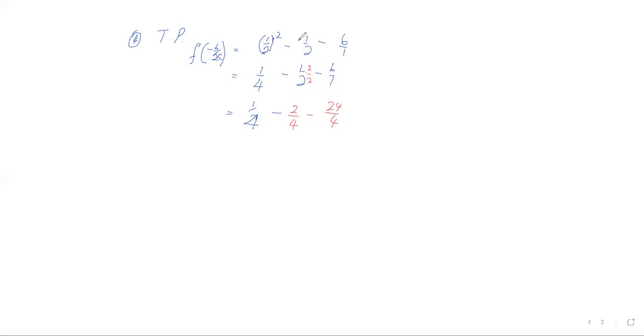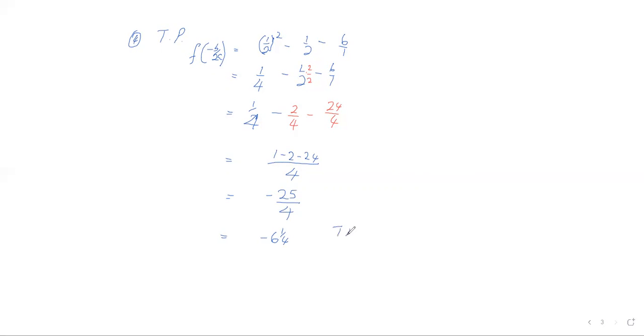That will give us a common denominator of 4: 1 minus 2 minus 24, and this is minus 25 over 4. 4 into 25 is 6 times 24, remainder 1, so minus 6 and 1 over 4.